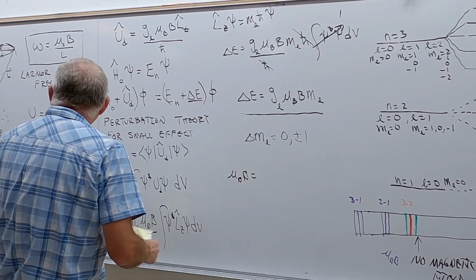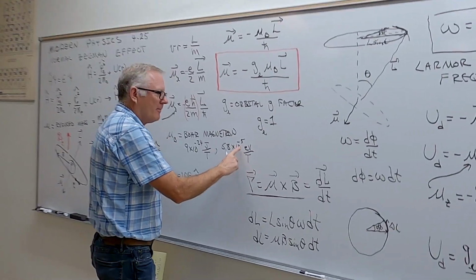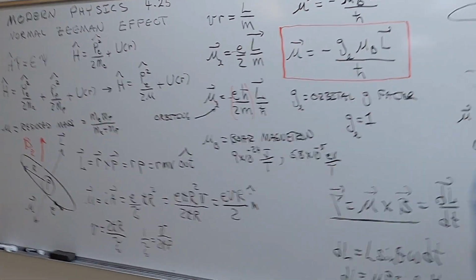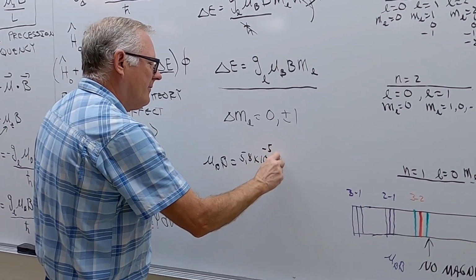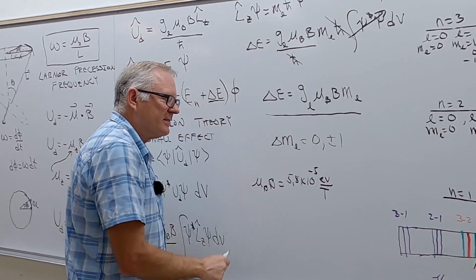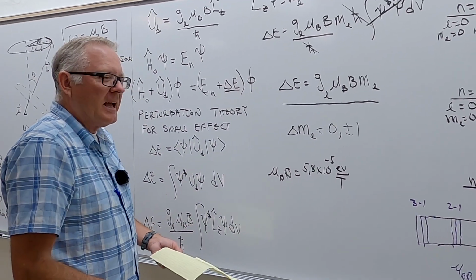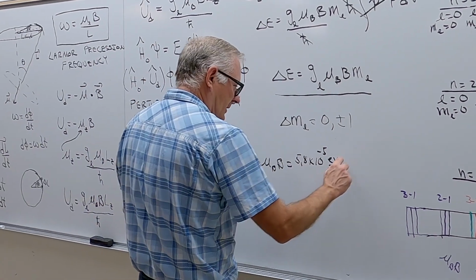We said mu_B was 5.8 times 10 to the minus 5 eV per Tesla times the magnetic field. Now, a really strong magnet is about 1 Tesla. That's really strong.